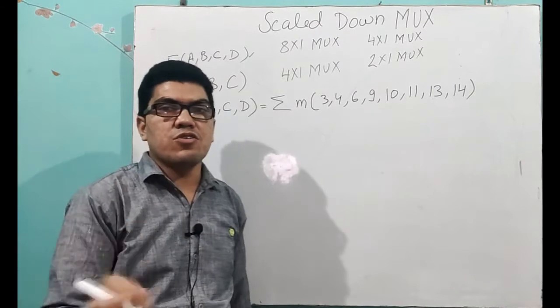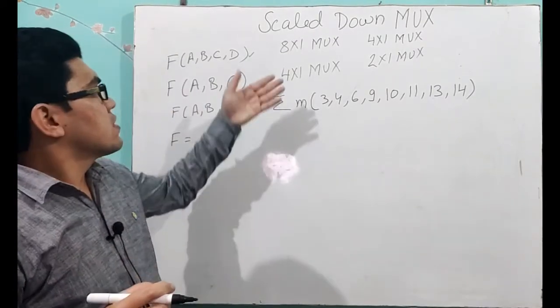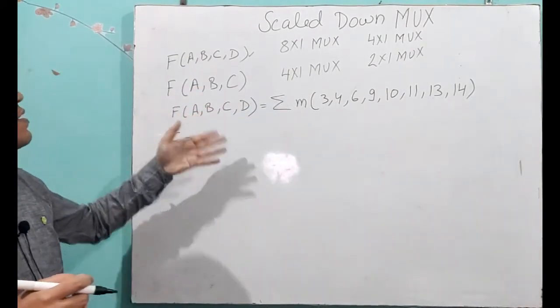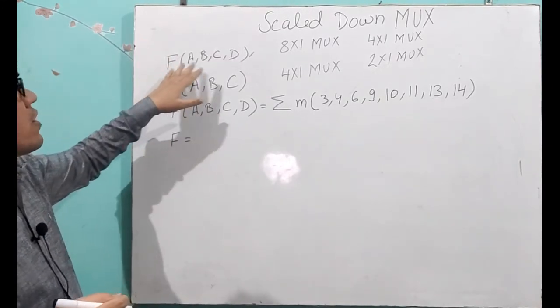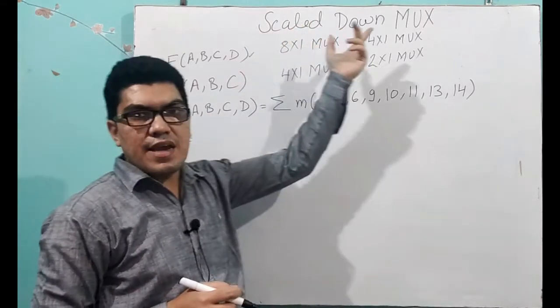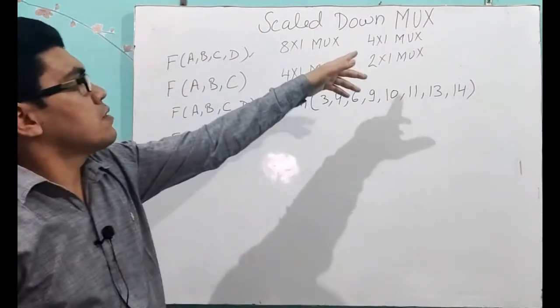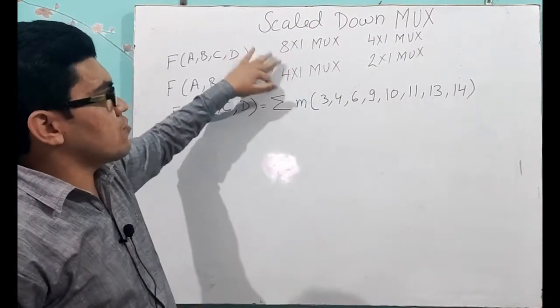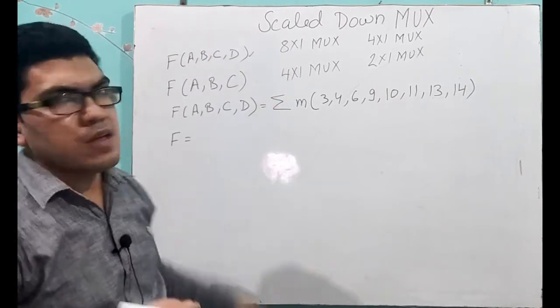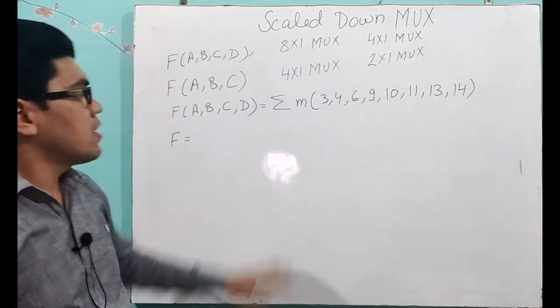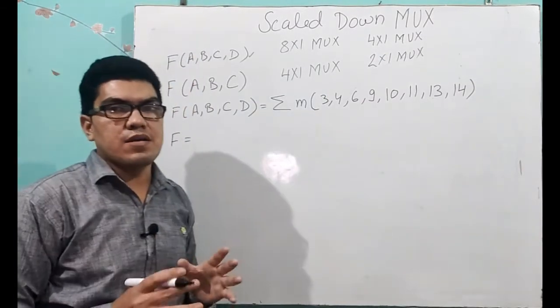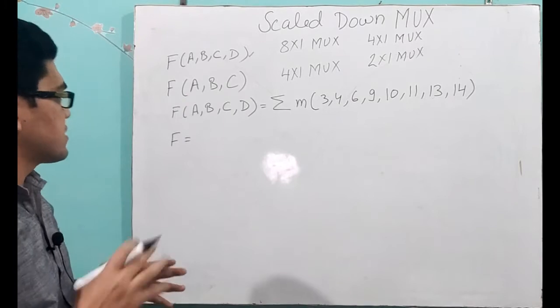So in this video I am going to discuss with the help of an example how you can implement a boolean function using a scale down multiplexer. So this is the advantage, or you can say the difference, between a multiplexer and a scale down multiplexer. Now we will see how we can implement it with the help of an example.